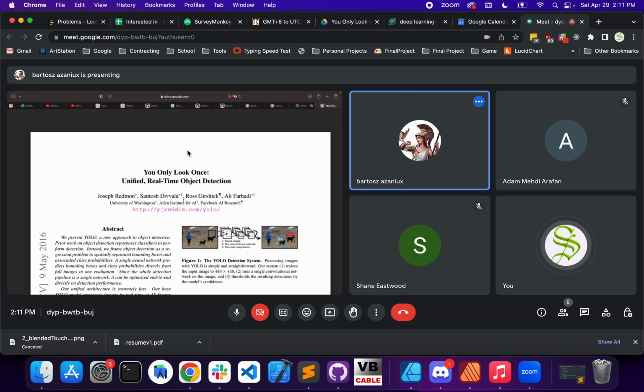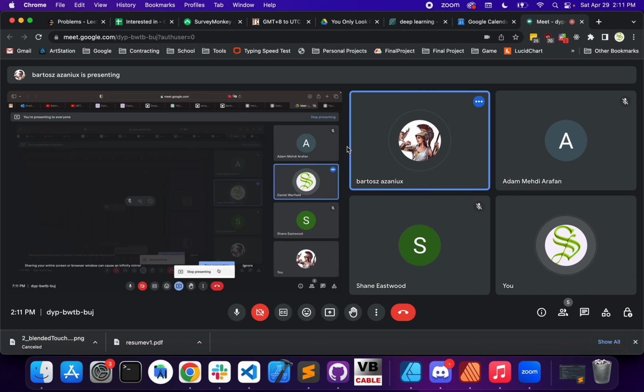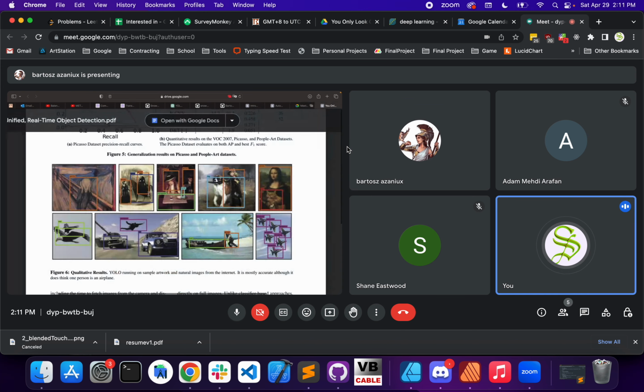Can I ask a quick question? First of all, I don't think we can see your mouse, by the way. But you have this window which is scanning over the image, and it's running the model multiple times, and these other strategies.